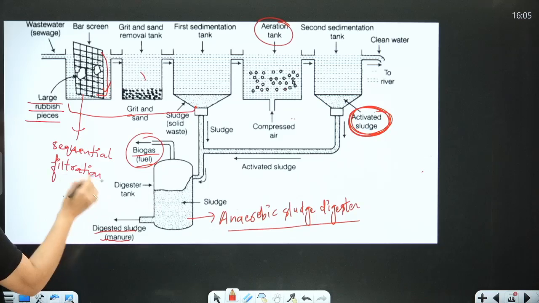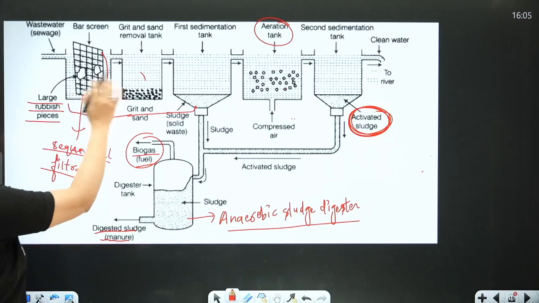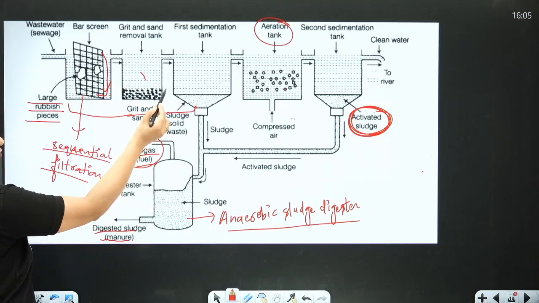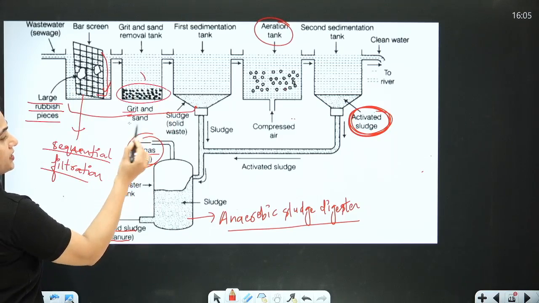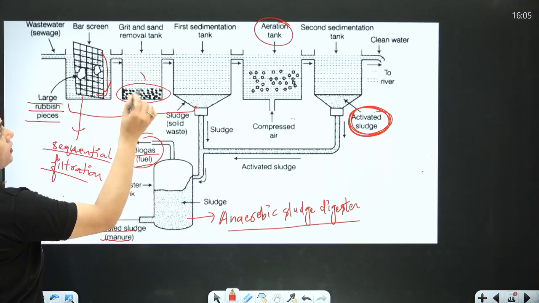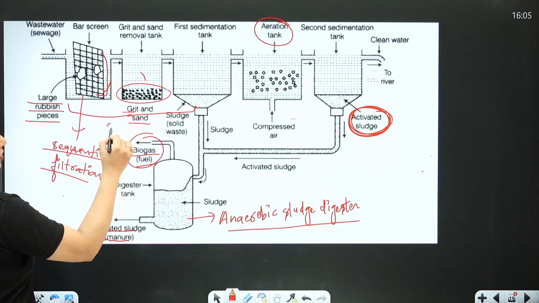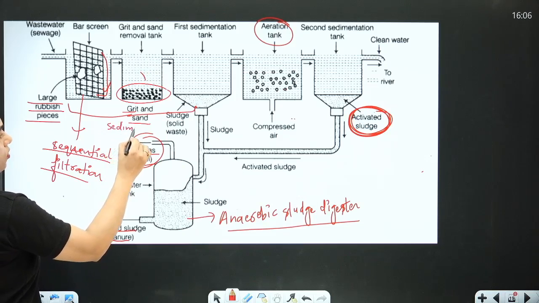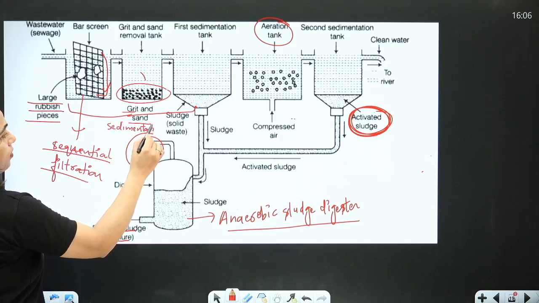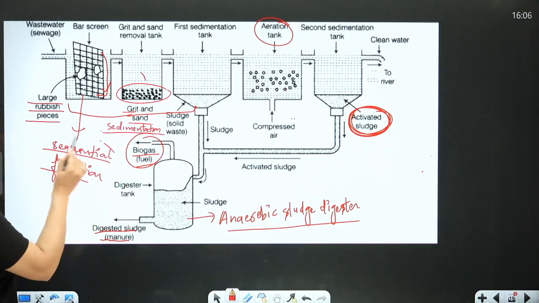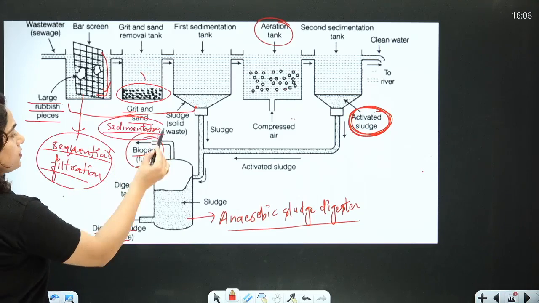Here sequential filtration is happening. Then after that, the heavy physical impurities like grit and sand settle down. This is called sedimentation. Remember, this is sequential filtration, this is sedimentation.